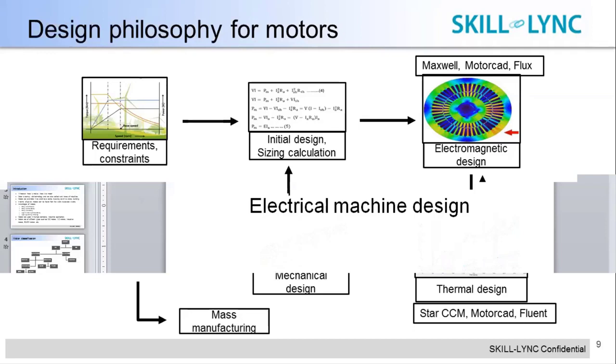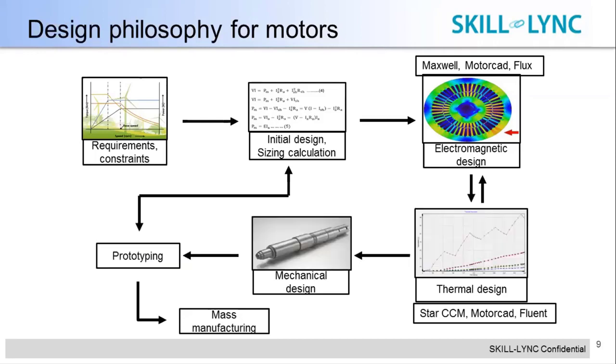Electromagnetic design is part of the electrical design that I was talking about. Once this is complete, we move towards the mechanical design of the motor. One very important aspect of mechanical design is the thermal design. Thermal is very important for any motor.